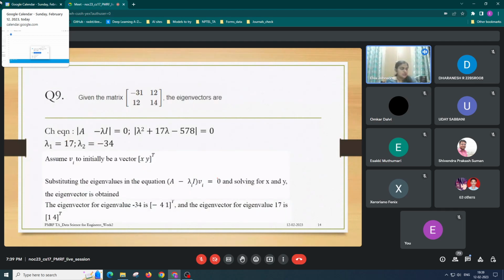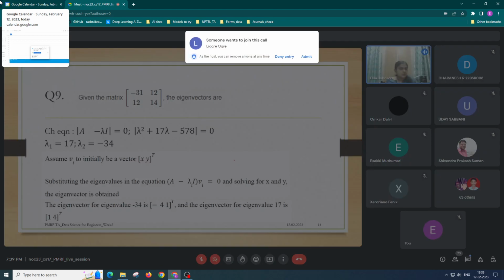Now the next thing is, given the matrix minus 31, 12, 12, 13, 12, 14, the eigenvectors are, can you tell me what are the eigenvectors? How do you find the eigenvectors first?